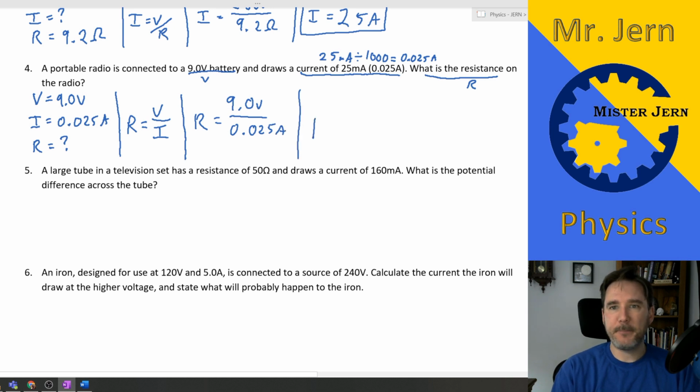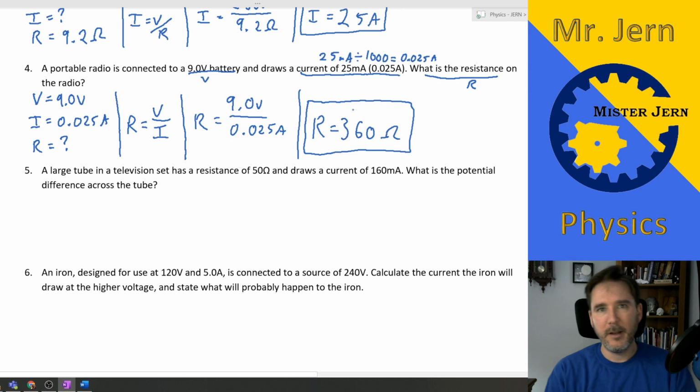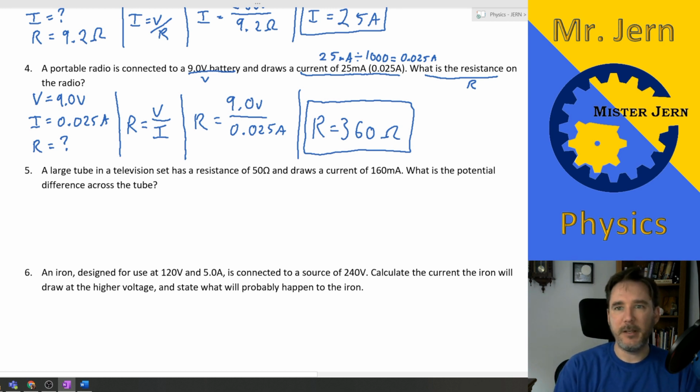And when I do that, I find out the resistance is 360 ohms. All right, that ohms character does take a little getting used to. It's a Greek letter. You might not be used to drawing it, and that's okay. You can see I'm not a really great master at it either, but that's okay.